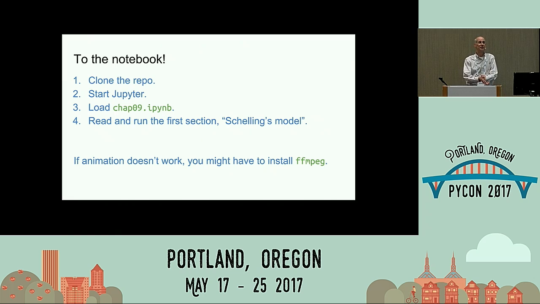So this is where we'll get to the first thing that you get to play with code. If you start up Jupyter and point it to my repository, and then load chapter 9.ipynb, we'll start with the first section. I'm going to have you read through just the first section of that notebook called Schelling's model and run it. There are some animations in there.